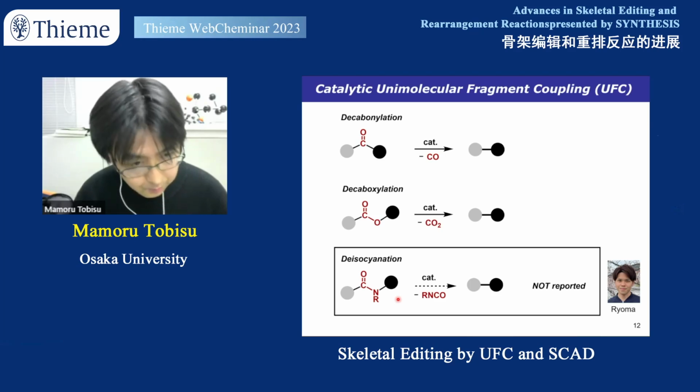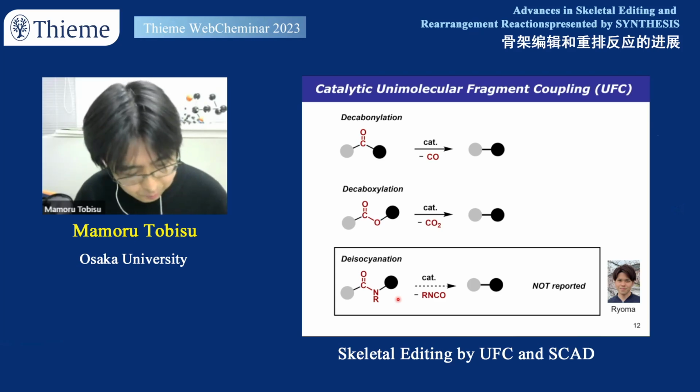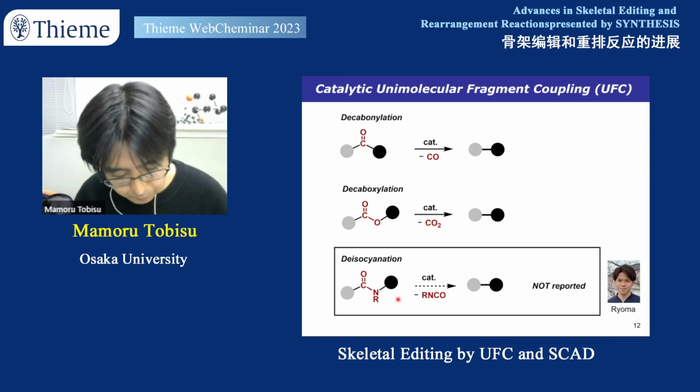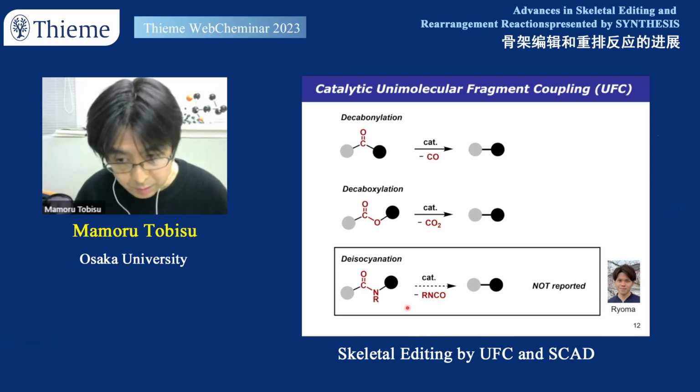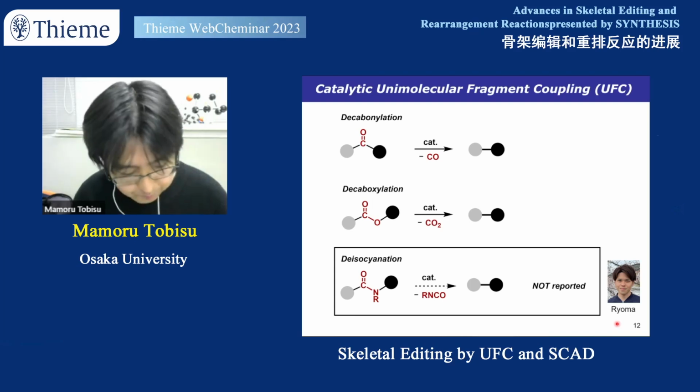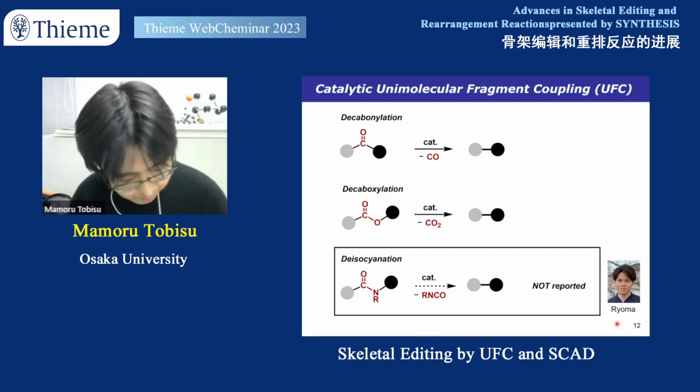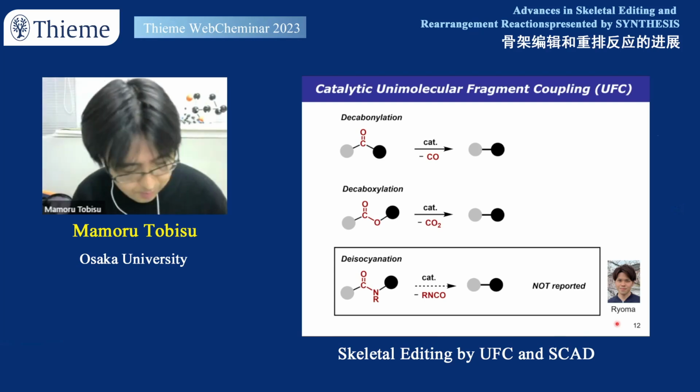However, the elimination of isocyanate from amides had not been reported at the time we initiated our study. This project was led by Ryoma. After completing this UFC project, Ryoma spent several months in Mark's lab as an exchange student and was involved in skeletal editing research, also in the US.